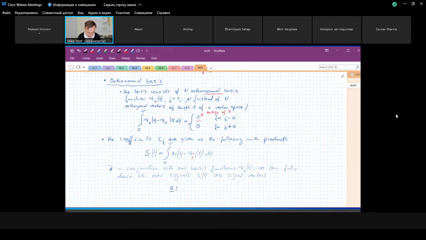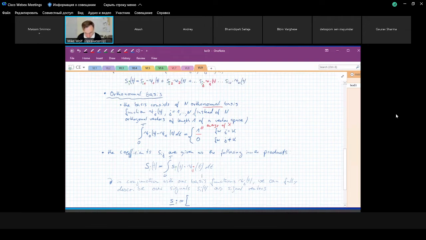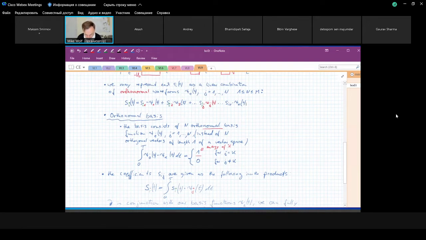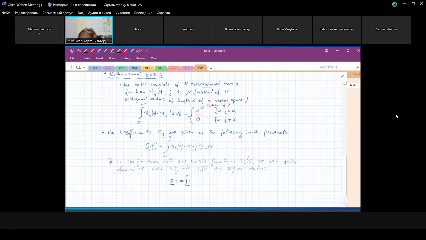So in the exam, bold letters are vectors, and here I use this underline to say this is a vector, and the vector consists exactly of our coefficients which are required for this linear combination of the basis functions. So here we have, for instance, Si1, Si2, Si3, and so on. And the last one is SiN.